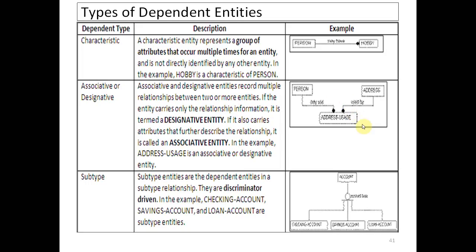Now if address usage is only used to resolve this many to many relationship, then it is called a designative entity.